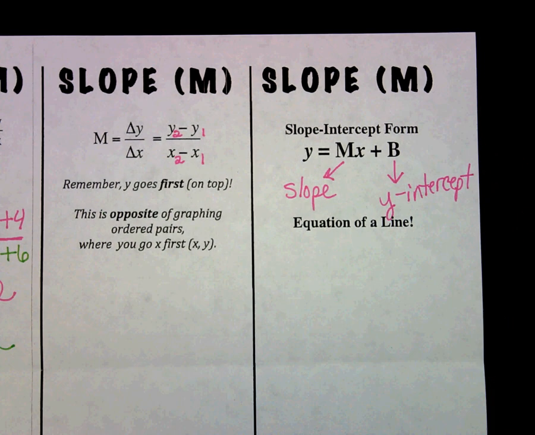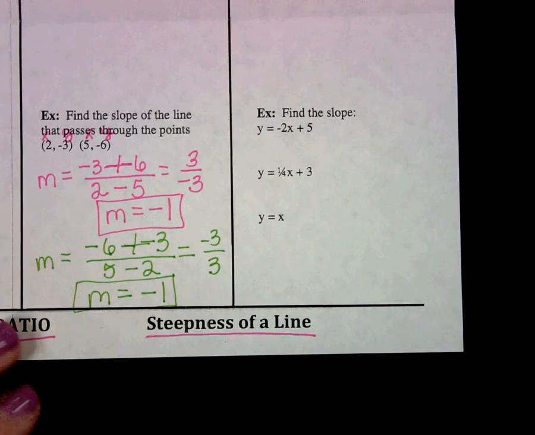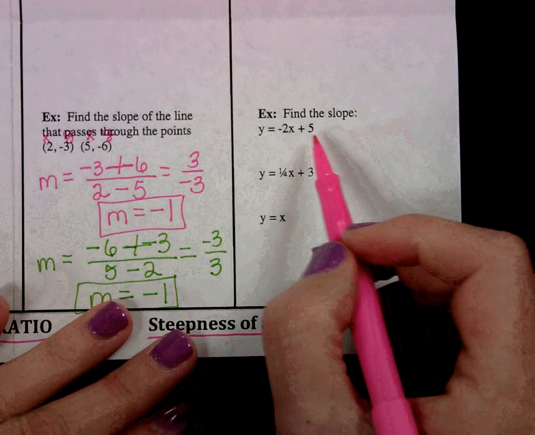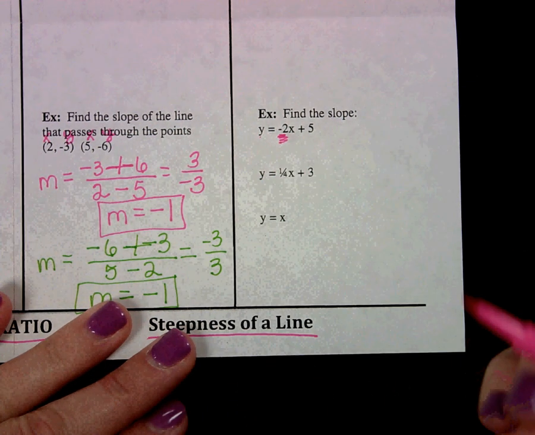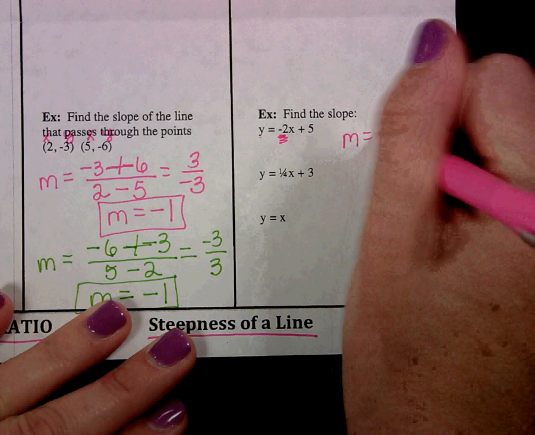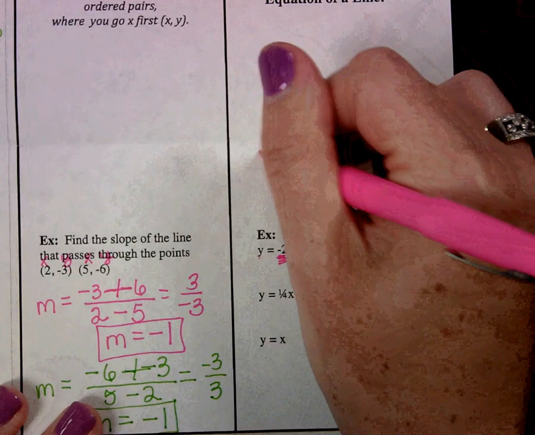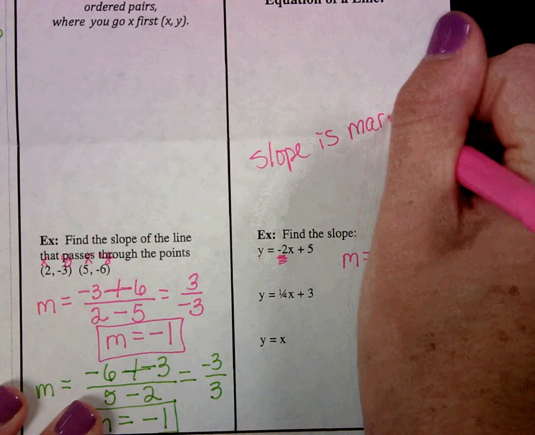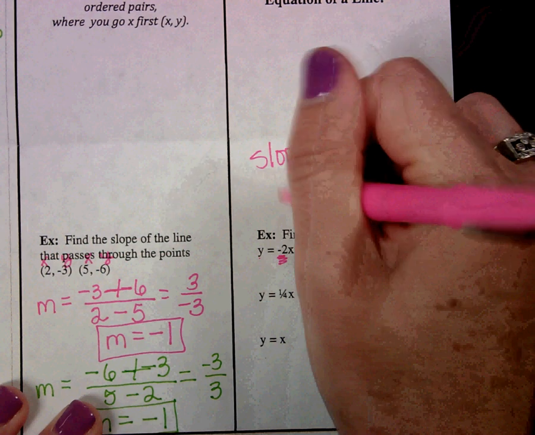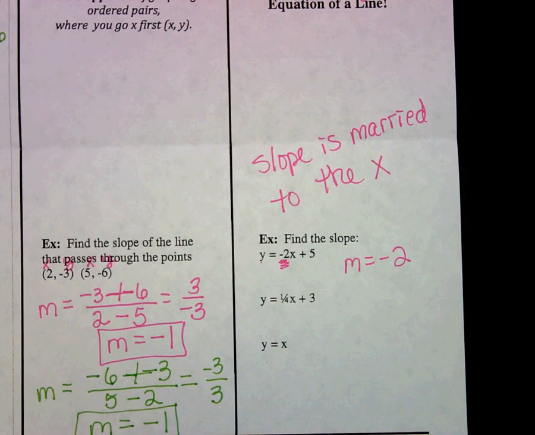And so all we have to do is make sure it's in slope-intercept form and then look at the equation to identify it. So right here, y equals mx plus b. Our slope is -2. Some people like to say that the slope is married to the x. So they're attached, they're married to one another.